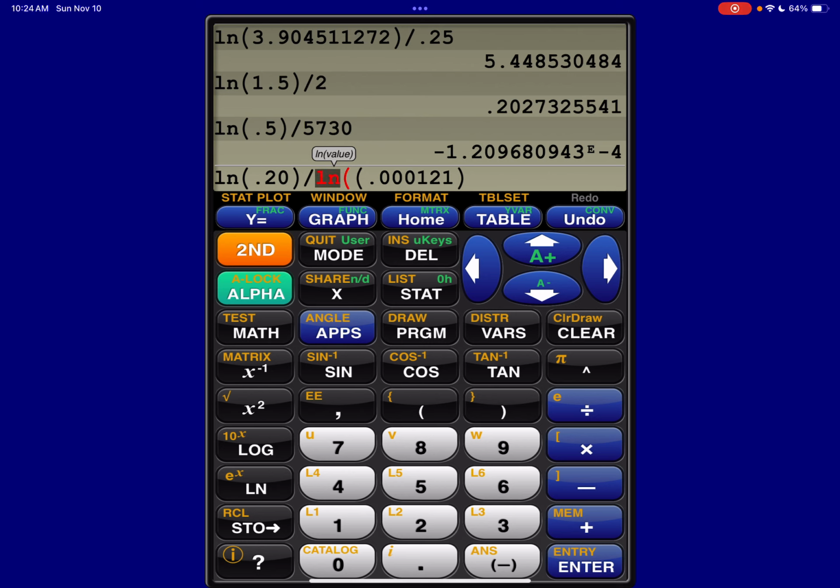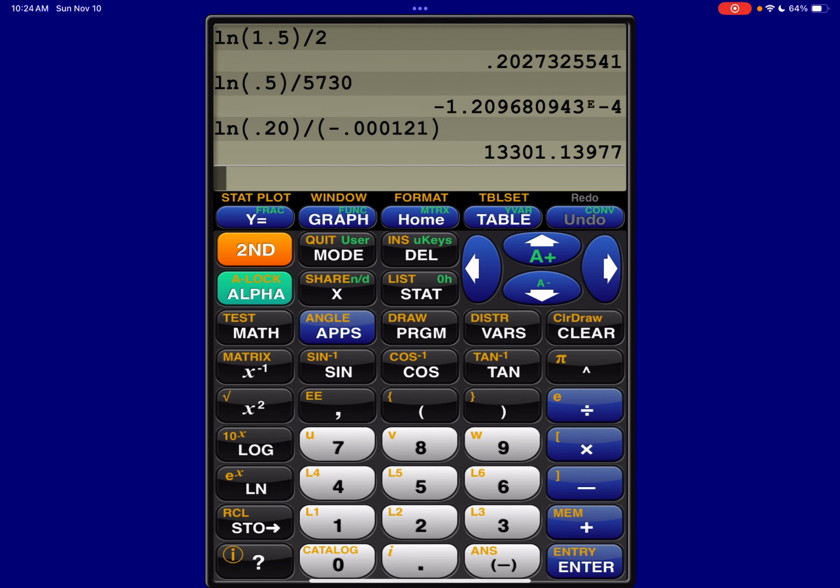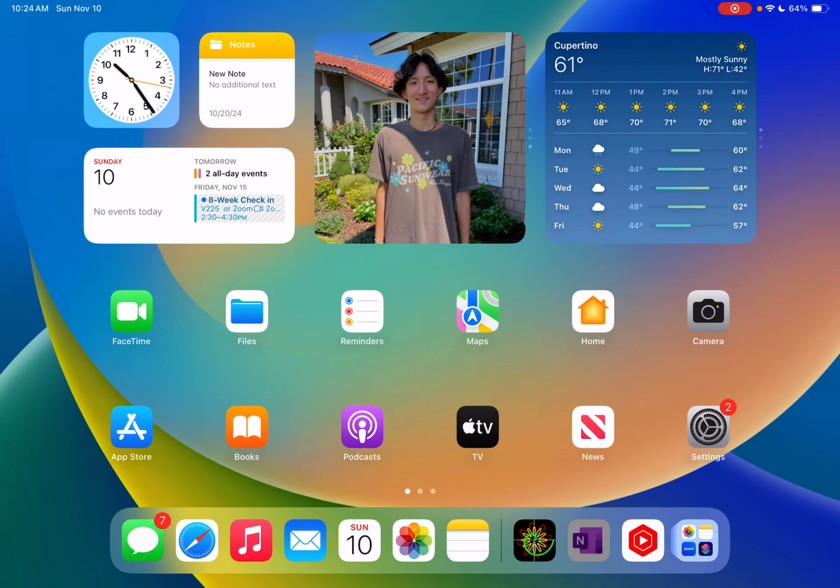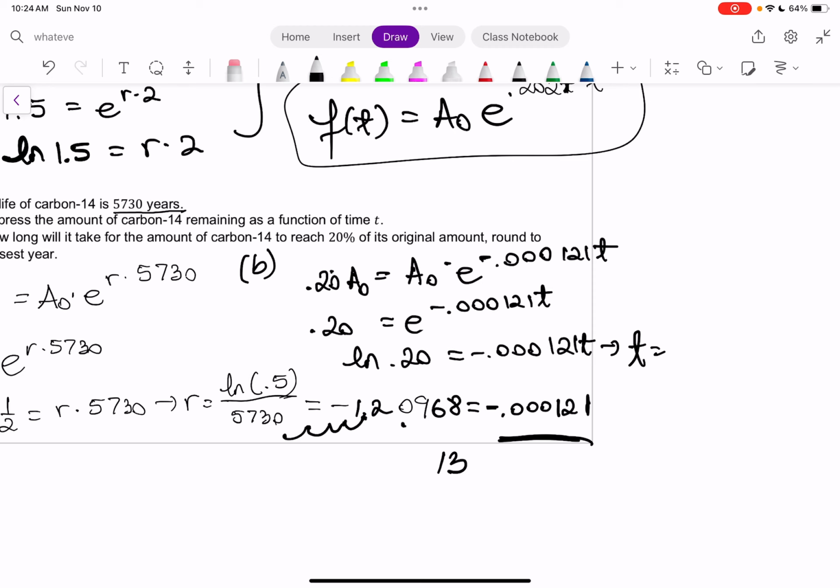Divided by that value. Negative, I need a negative there. Okay. So 13,301 years. There's no log on this, it's just dividing by it, of course. Here it is.